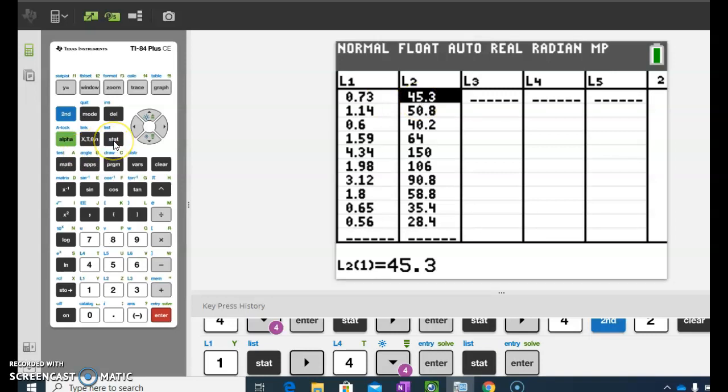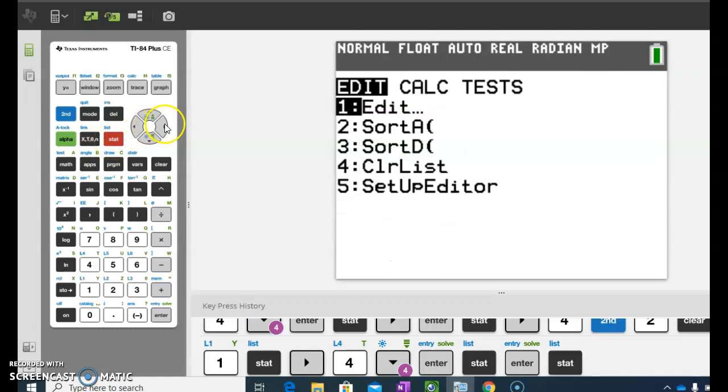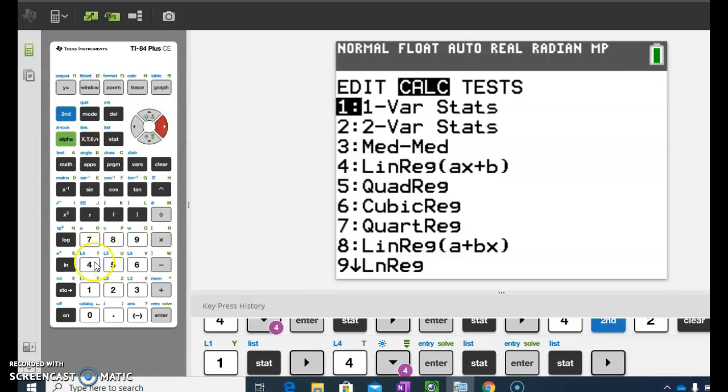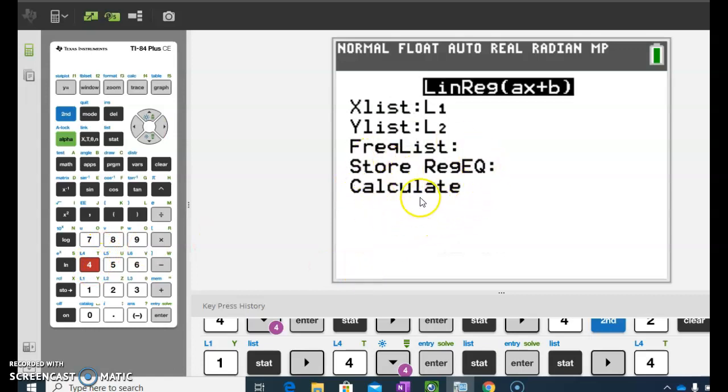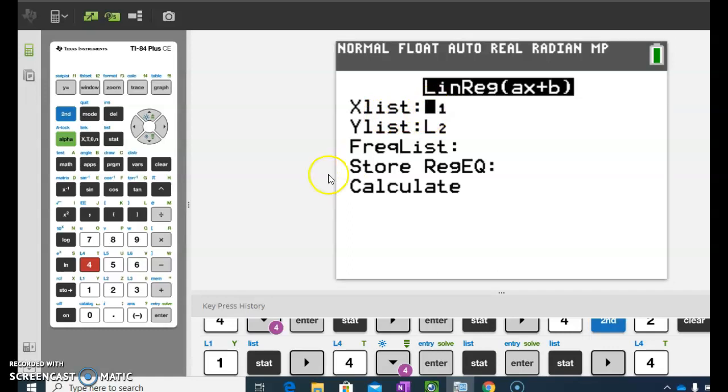However, if you have a version that when you go to Stat, and you go to Calc, and you choose Linear Regression, your screen looks like mine, where it says X list and Y list, and you can change these, I can say, well, let my X be my L2 column. On my graphing calculator, I see that my L1, L2, L3, etc. are written in blue.